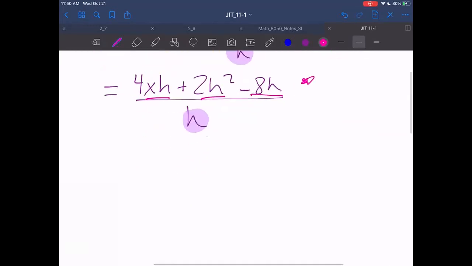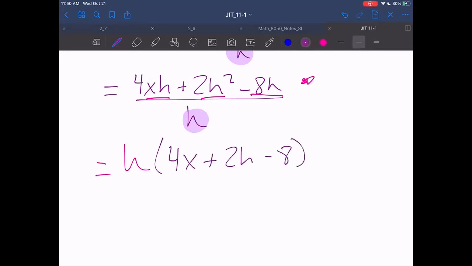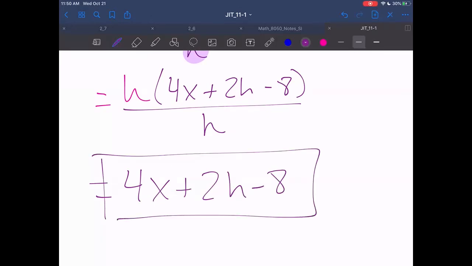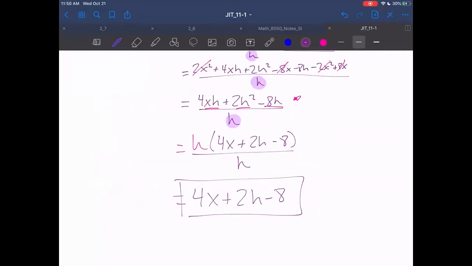Because once we have an h in every term, I can factor that h out. And so we get h times (4x plus 2h minus 8), all of that still over h. So that's equal to 4x plus 2h minus 8. And that's our difference quotient.